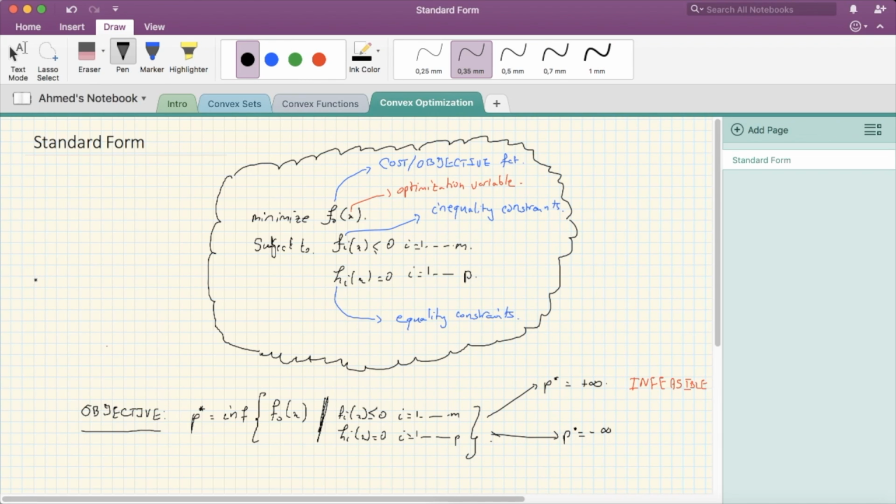Let's say one of your inequality constraints is all x's that are in this region. So let's say this line is minus x plus 1, right? And another inequality constraint is telling you that you have to have all x's above another line, which is, let's say, minus x plus 2. It is so clear that there is no x that could satisfy both constraints.